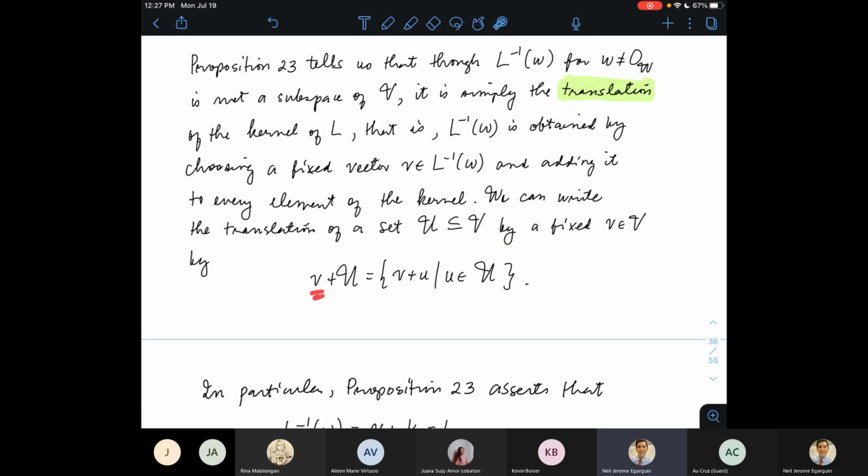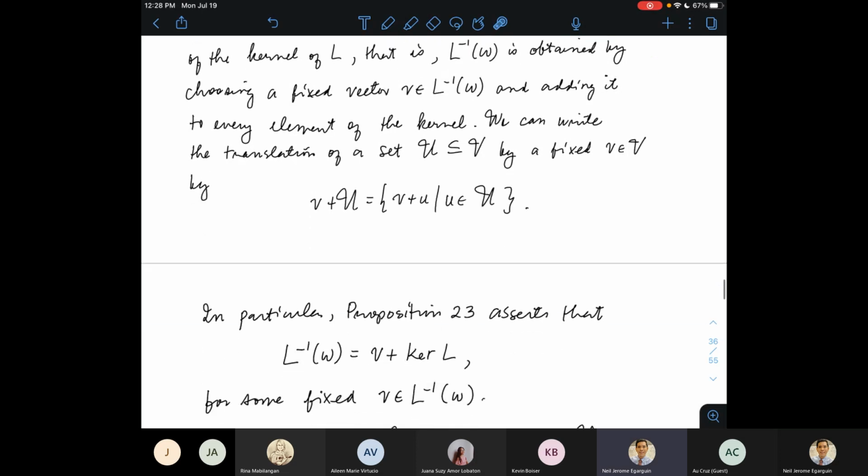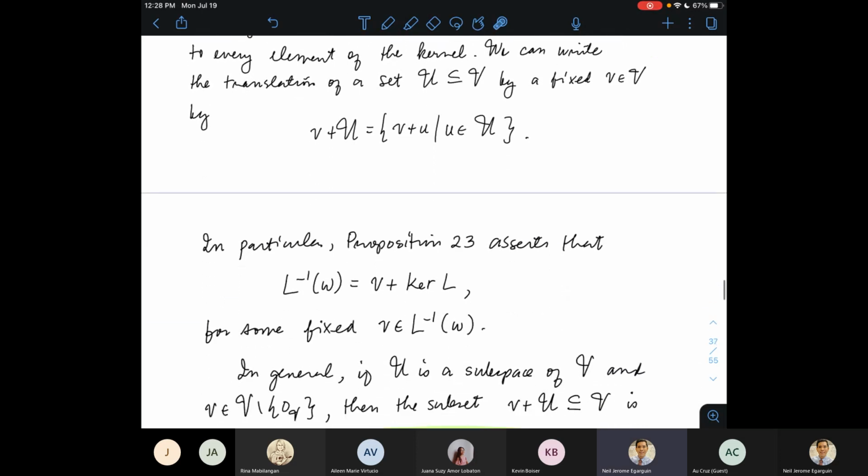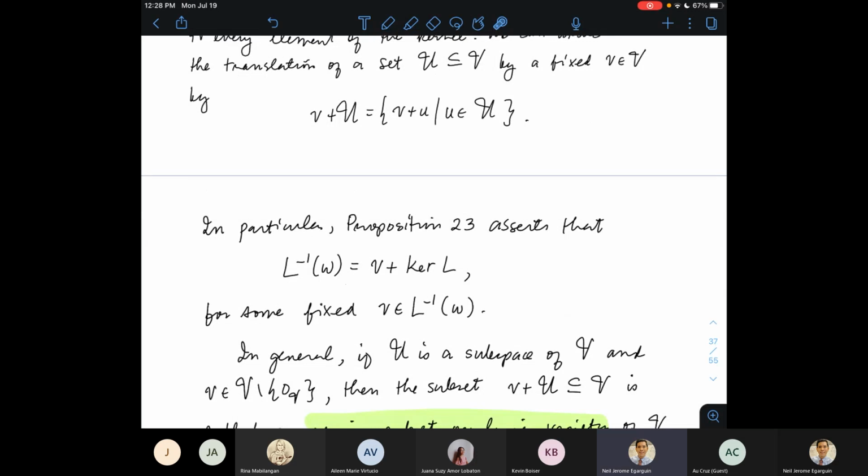So we write V plus a set U to be the set of all elements of U translated by the vector V. So V plus a set U is the set of all vectors of the form V plus an element of U. So I hope we can go back to this, but if not, then just bear them in mind, and you might probably encounter them in statistics or in your research disciplines.